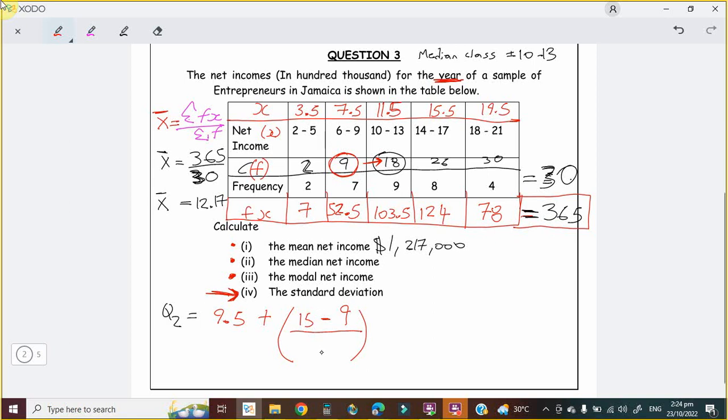Now divide by the frequency of the median class, 9, multiplied by the class size, 13.5 minus 9.5, that is 4. Good. Punch that in your calculator and tell me what you get.